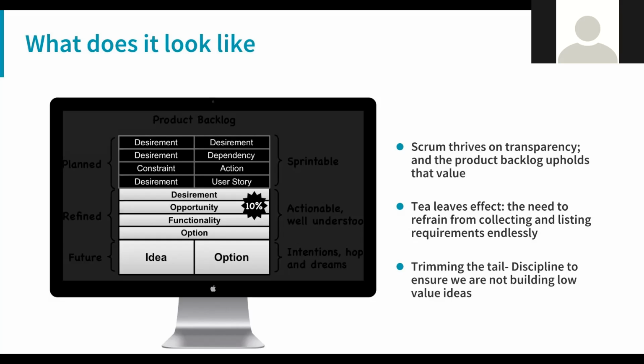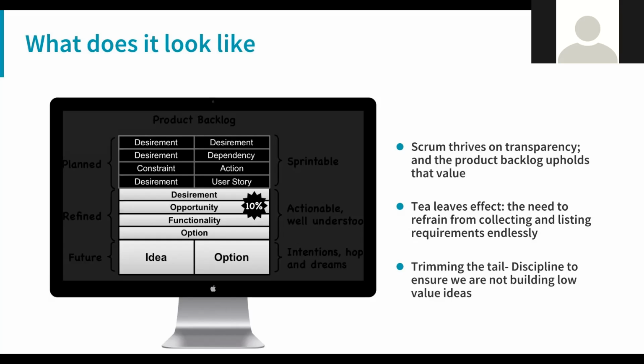And the simple thing to note there is, if you think about the tea leaf effect, this just gives us a bit of background information and clarity in our mind as we think of the product backlog as an artifact. So when you think about the tea leaf effect, if you dip a tea bag into a cup of hot water, and somehow the bag opens up and the leaves are scattering everywhere, there's a bit of unclarity or cloudiness there, because the tea leaves are just circulating everywhere.